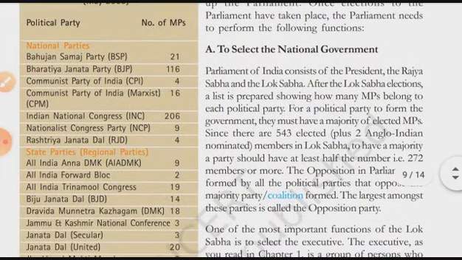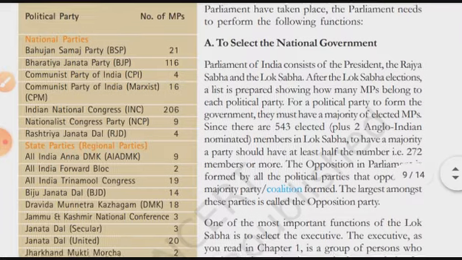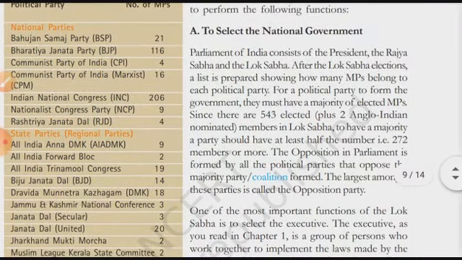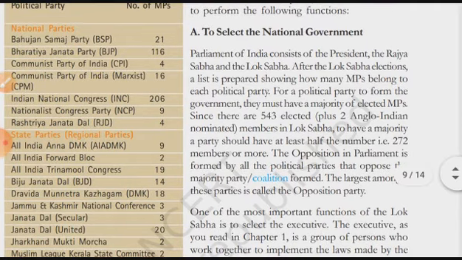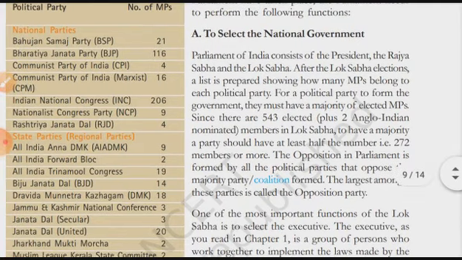The first point is to select the national government, which we also know as the central government, which functions for the whole country. The Parliament of India consists of three things: the President, the Rajya Sabha and the Lok Sabha.